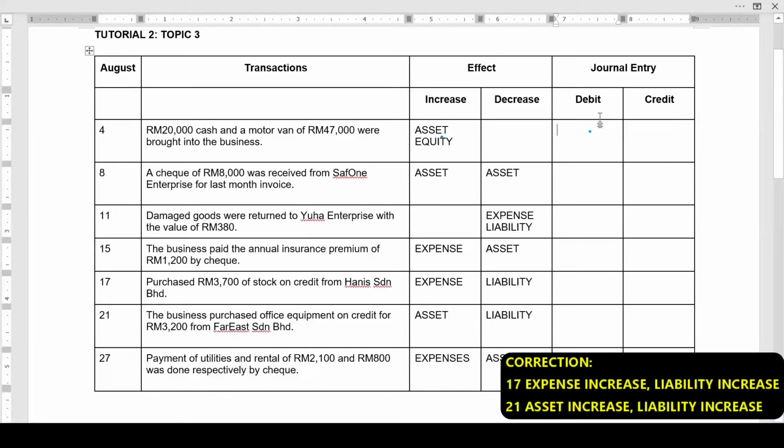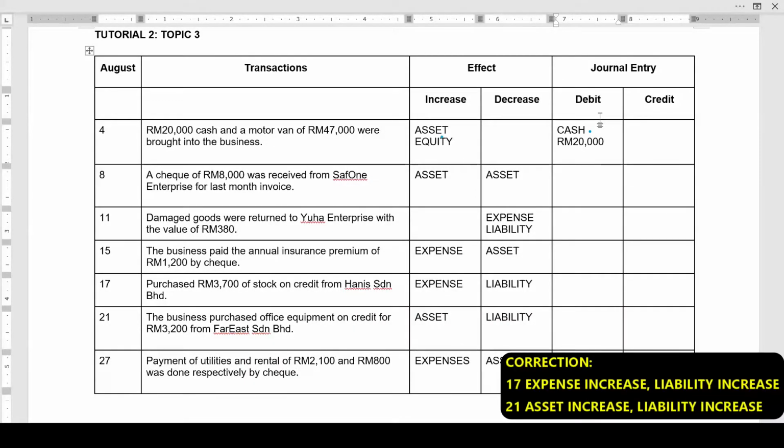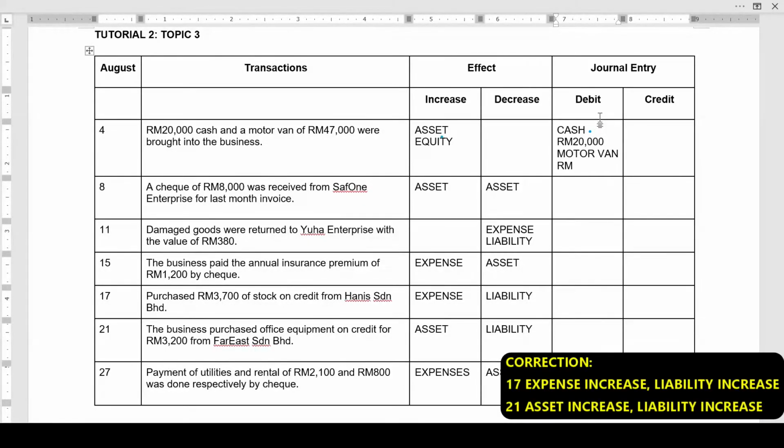Increase in asset, debit. What asset account to be debited? Number one, cash, of RM 20,000. Another asset account to be debited is motor van, RM 47,000.